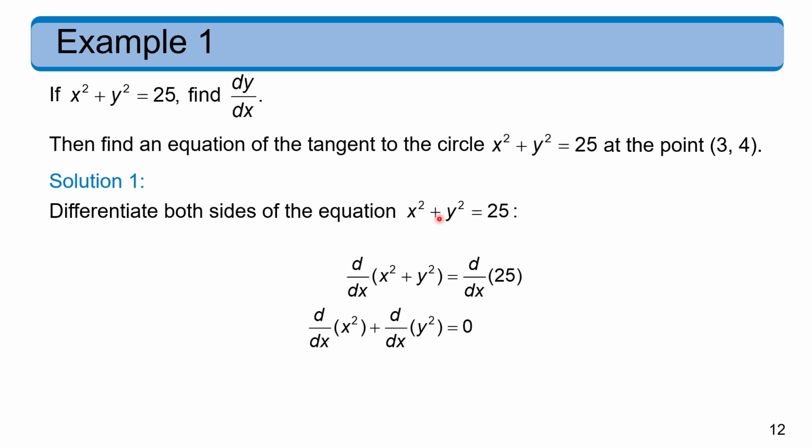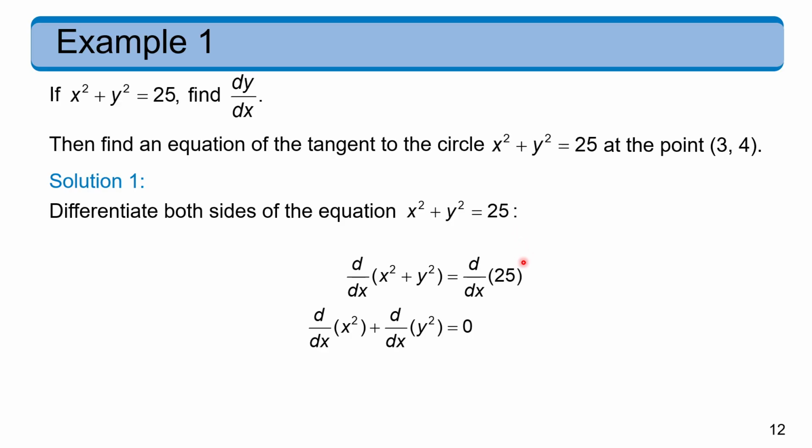So remember we said the first step of implicit differentiation is to differentiate both sides of the given equation with respect to the independent variable. Now, because we're trying to find dy/dx, that means we're assuming y is a function of x, so the independent variable is x. So notice here we've just put d/dx of the left side equals d/dx of the right side.